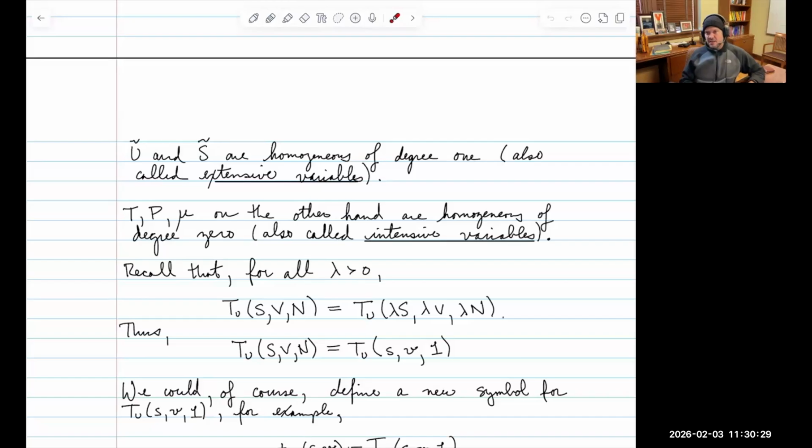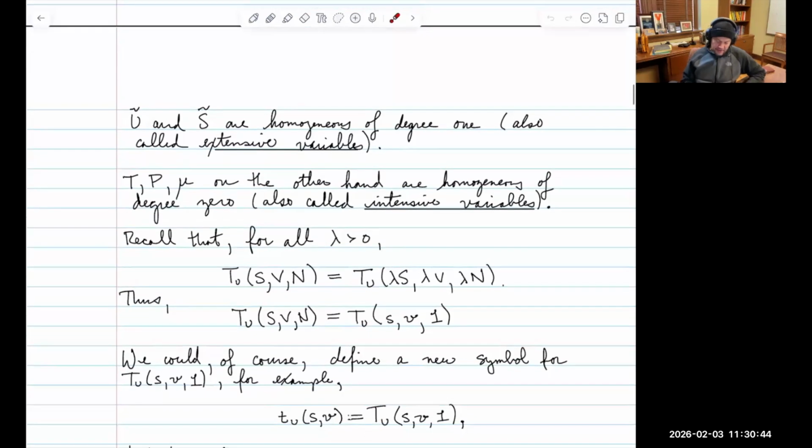We stated this in a theorem, and we've shown it with a number of examples, but we didn't prove it. I left this up to you as an exercise. I hope that you see it's rather a simple exercise. But in any case, we're just going to use this fact without going through that rigorous proof. T, P, and mu are homogeneous of degree 0 functions.